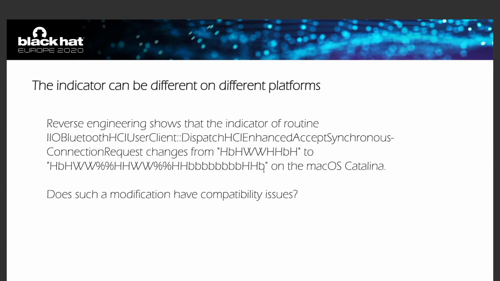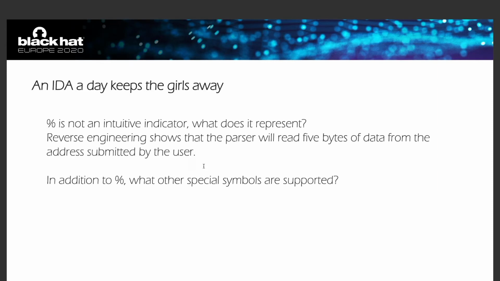On the High Sierra platform, the indicator is this one. But on macOS Catalina, the indicator of the function has changed to this. This string contains several percentage characters, and I had no idea about the percentage character. So this change has brought me many questions.